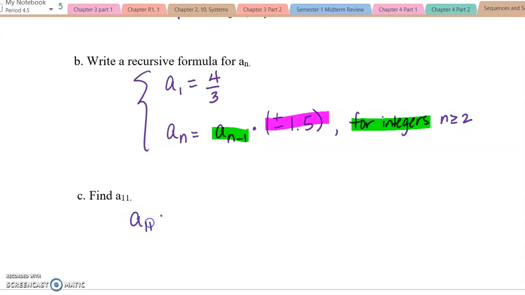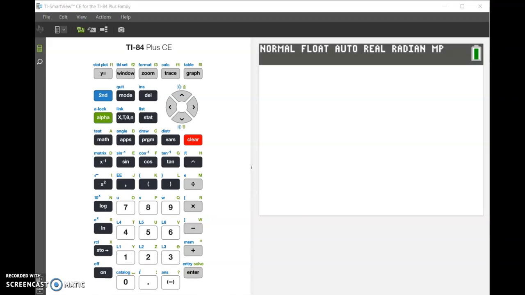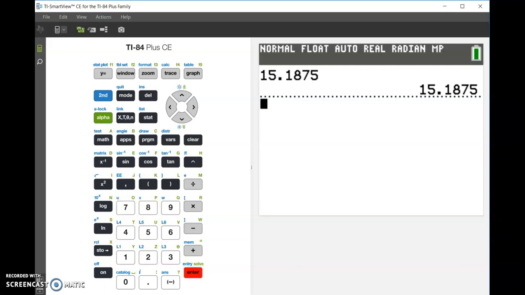Find a sub 11. I'm going to show you on the calculator the easiest way to do recursion, and this will work for arithmetic and geometric sequences. Okay, so you can start in a few different places. You could start with a sub 1, you could start with a sub 3, but because in this problem they told me that a sub 7 was 15.1875, I'm just going to start there and I'm going to put that into my calculator.